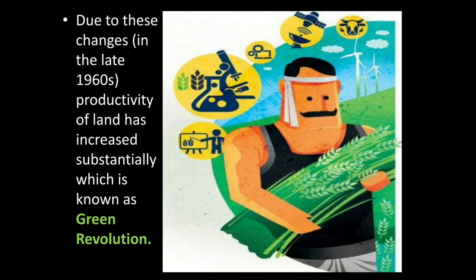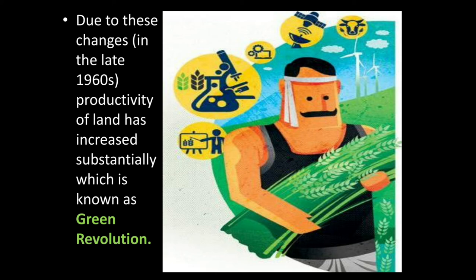The implementation of all these modern techniques like using HYV seeds, chemical fertilizers, artificial irrigation facilities, modern machineries like tractors, harvesters, etc. This complete package, these whole techniques and methods which are used in modern farming, together are known as the green revolution. It is a complete package which is known as the green revolution.